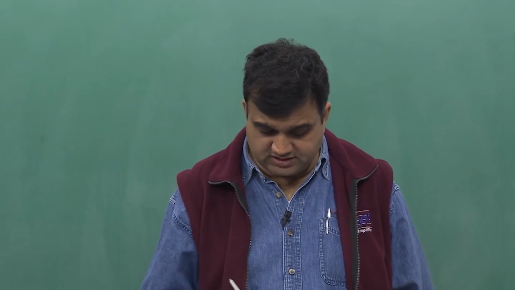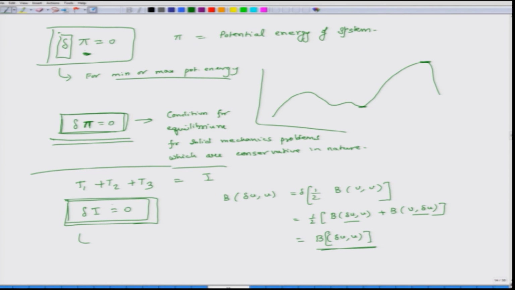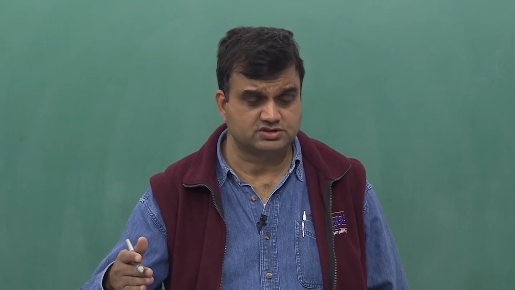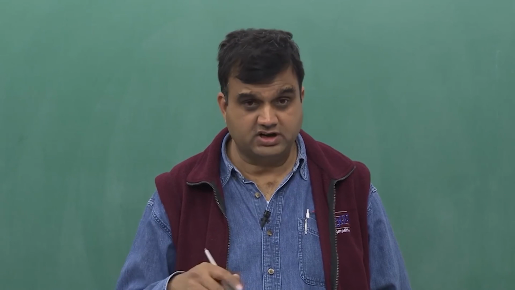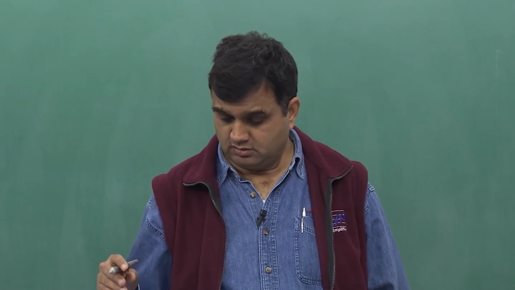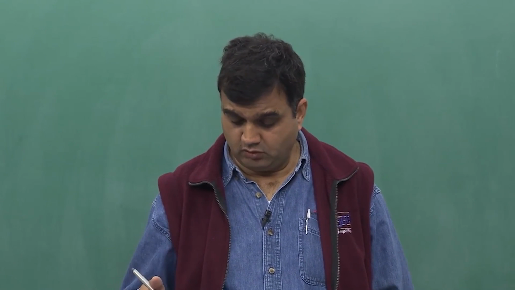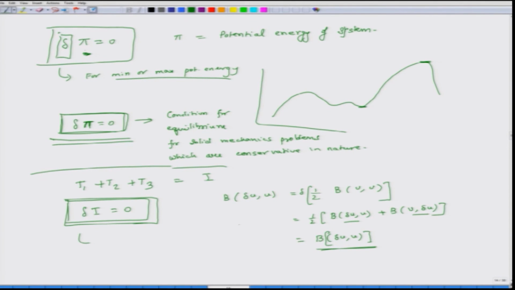Then we can still get this variation of I to be 0, but not through the process which I have explained, but through some other process, which we will not discuss in this course. But in this course, we are saying that variation of I equals 0, and we show that only in context of functionals which are bilinear and symmetric functionals. They have to be both.